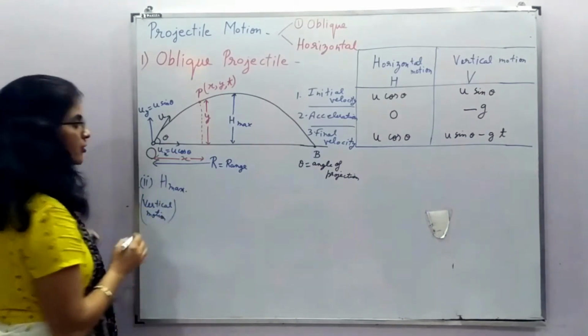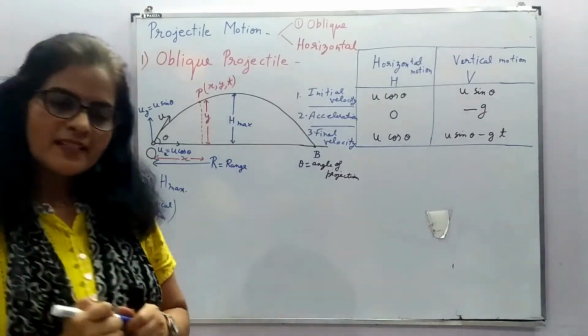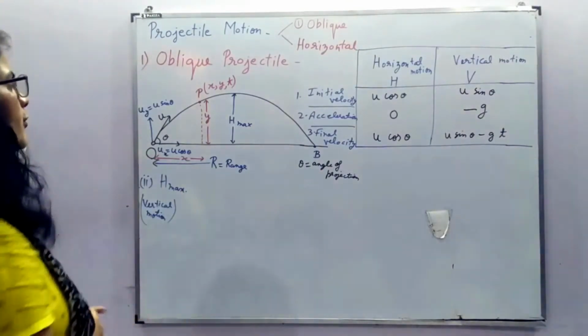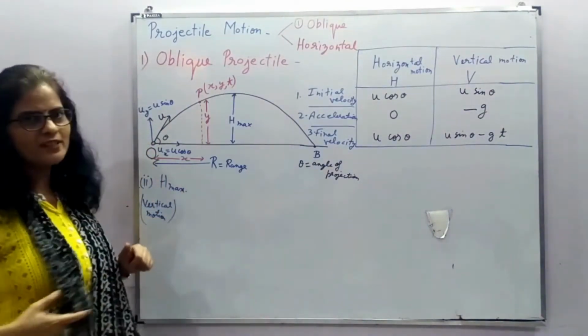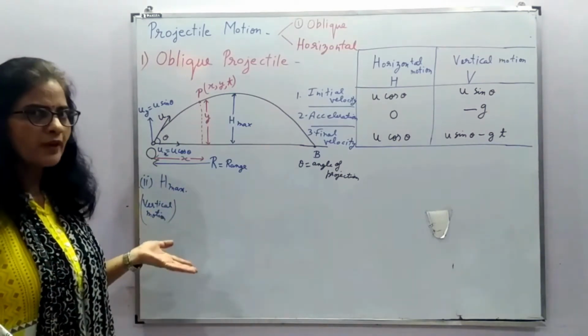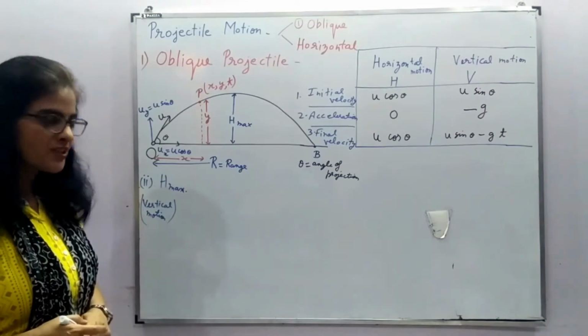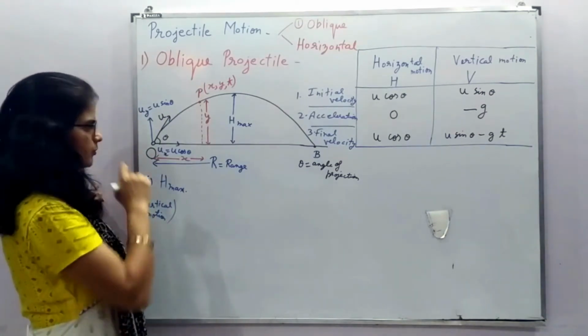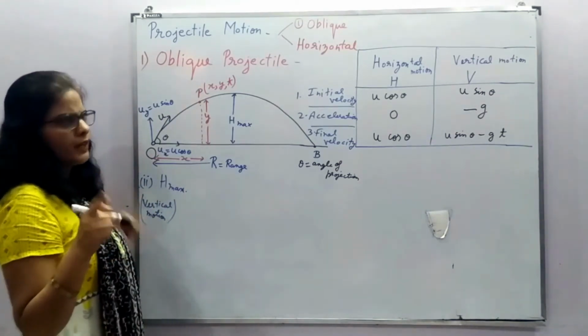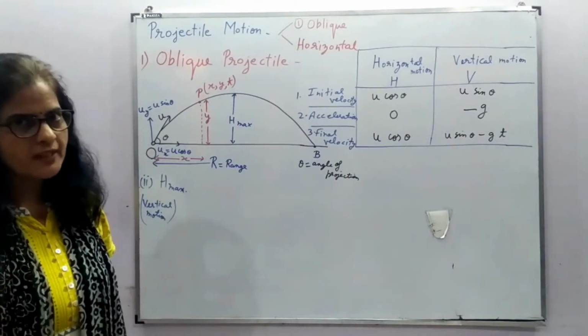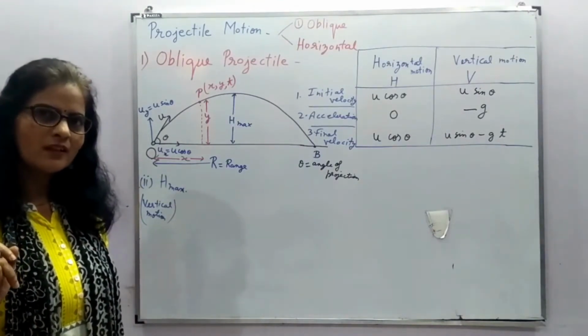So just mention for yourself. At maximum height, if we are considering the vertical motion, what will be 0? It must come to your mind that the velocity at the highest point will be 0. So I can use the equation where I have final velocity along with the initial velocity, right?